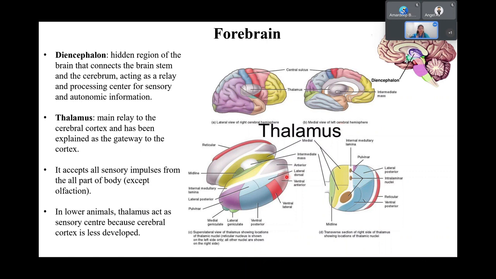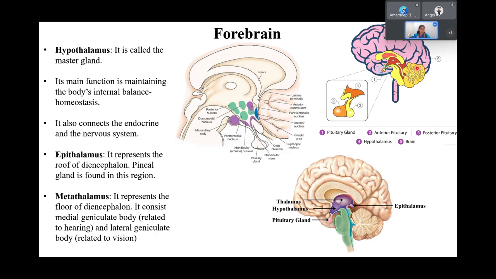Okay, then moving on, the next part is the hypothalamus. The hypothalamus is this side. So if you see here once again, this is the cerebrum. Here you have the pituitary gland, and if you zoom into it, you will see that it has the anterior pituitary and posterior pituitary, and the hypothalamus is right above it.